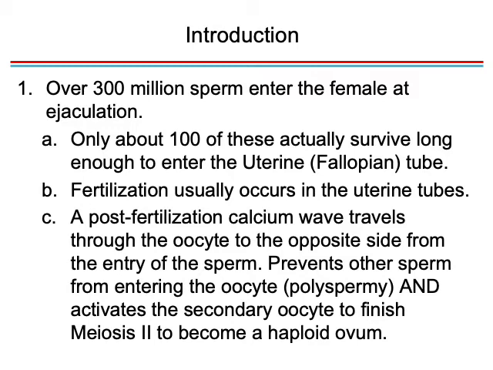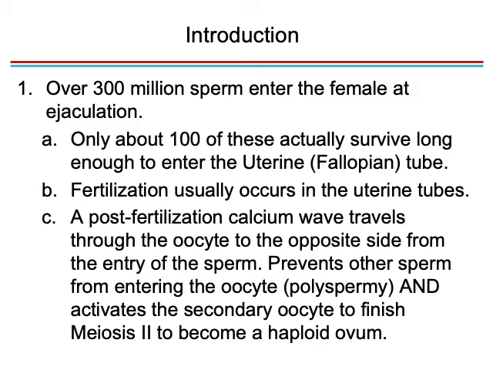The first process is that there's this calcium wave that occurs after the first sperm nucleus enters the egg cytoplasm. Actually, I should call it the secondary oocyte cytoplasm, because the egg hasn't fully developed yet. This post-fertilization calcium wave does two things.